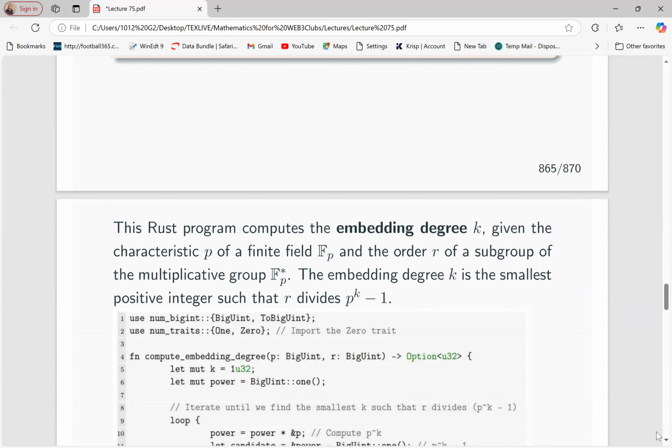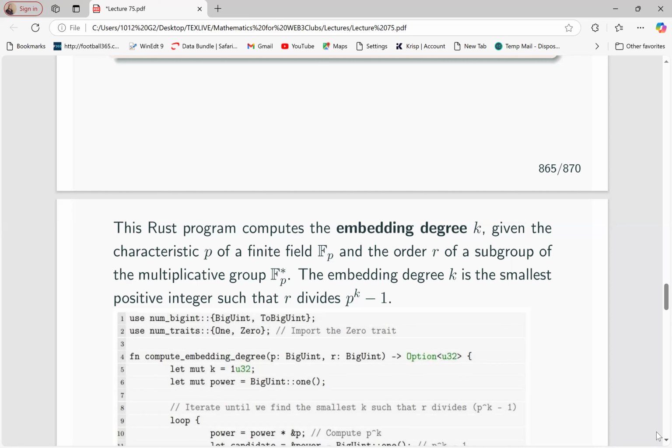Now, I just want us to look at the code that will give us the embedding degree. I've already told you what my code is like, but of course you can always customize a few things to the code so that it does what you want. For me, with the code I have, for a curve, I'll use a different code to give me the order.